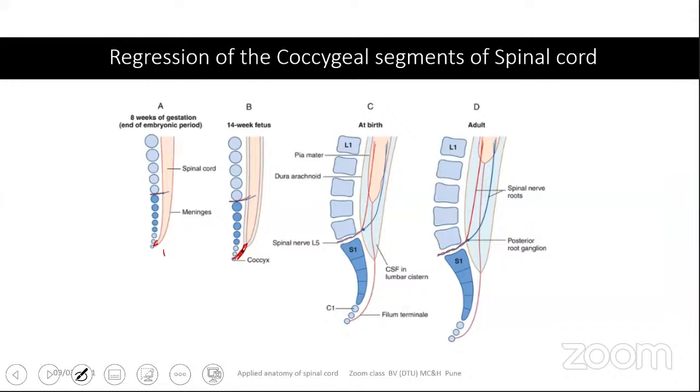This is the filum terminale that is appearing, and at birth you see that it is fully formed, and the spinal cord is at about L3. The spinal cord is at the L1 level in adults.